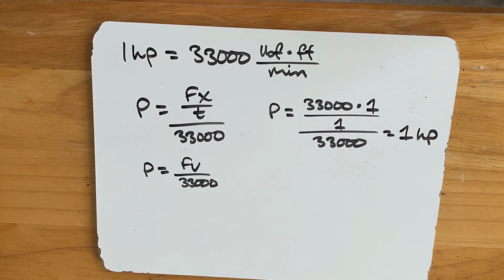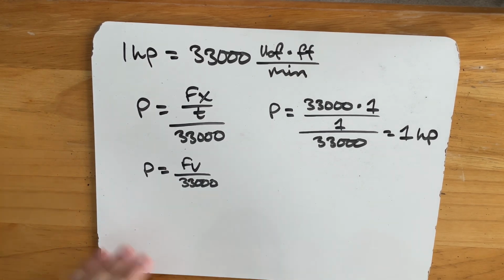But here's the thing. On dynamometers, we're usually dealing with rotation, because it measures the rotation of the wheels. This force and this velocity are a linear velocity. So I'm going to need to find a rotational analog for our power equation.